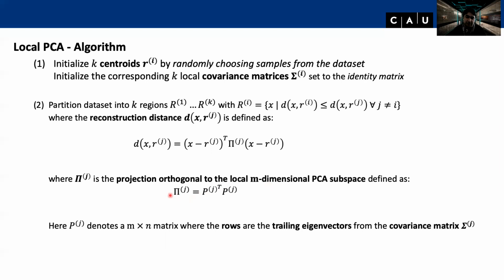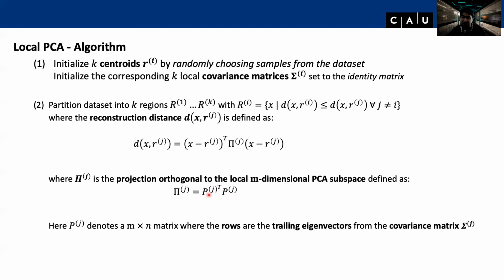Because this matrix Pi_j, to decompose it, is a product of a matrix P_j transpose times P_j, but we're still not getting any more clever.